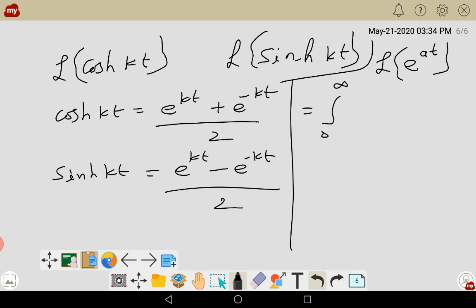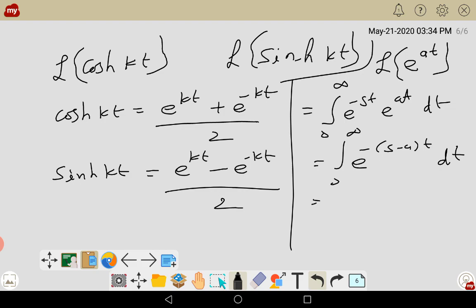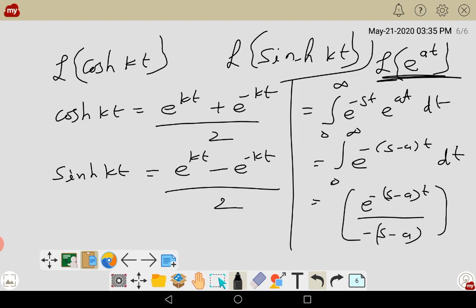The formula is the integral from 0 to infinity of e raised to minus st times e raised to at dt. All are exponentials, so it is e raised to minus (s minus a) t dt from 0 to infinity. What do you get here? e raised to minus (s minus a) t divided by minus (s minus a), from 0 to infinity.